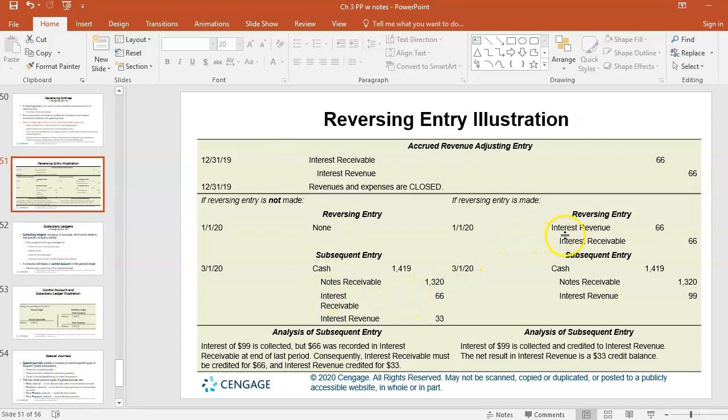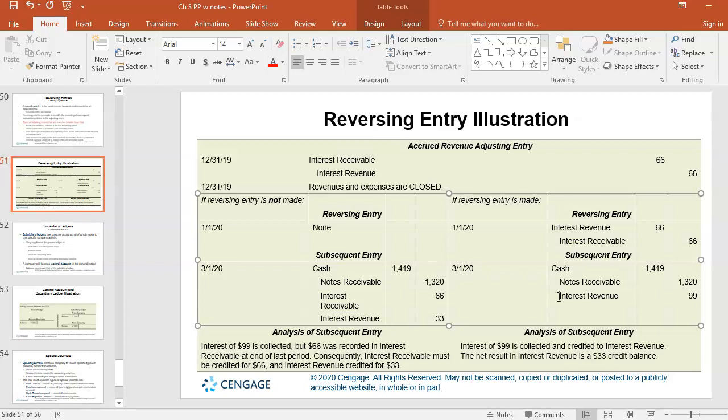However, if you reverse it, right, notice the reversing entry is the exact opposite of the adjusting entry. If you reverse it, then when you pay the note, it's just the cash coming in. Actually, the note's getting paid. It's note receivable. The cash is coming in. You have the note receivable for the amount of the note, and then interest revenue for the whole entire thing. Okay?